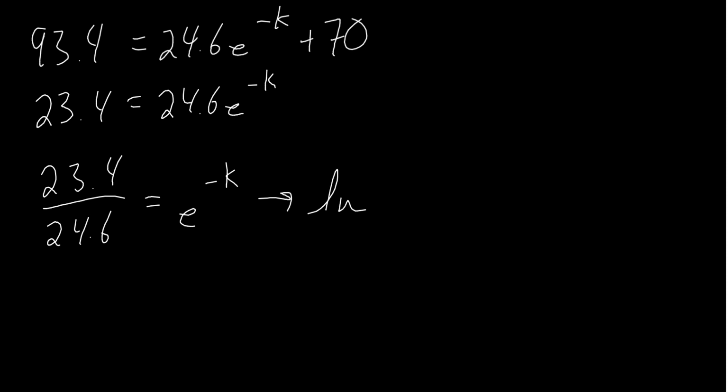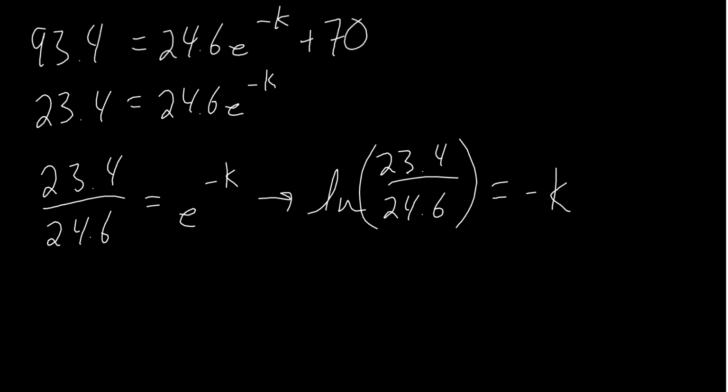So the natural log of 23.4 over 24.6 is equal to negative k.